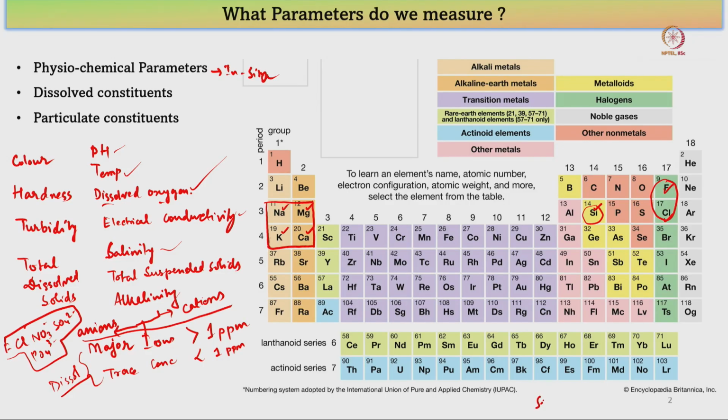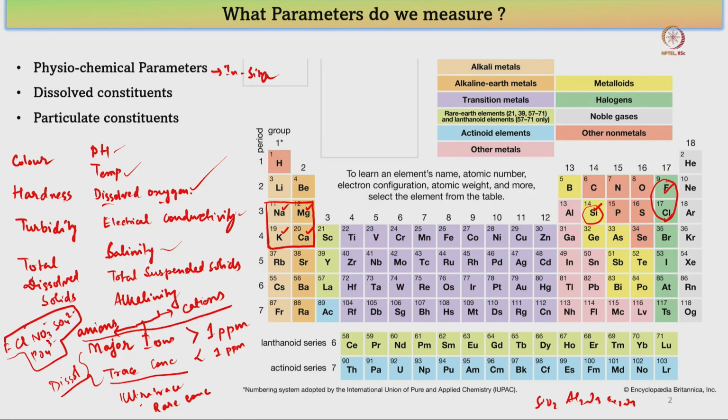In the particulate phase, the major ones will be different. It will be silica, SiO2, there will be Al2O3, okay, there will be Fe2O3. So, these ones will be the major oxides that we are going to measure in the particulate phase. Now, what is there in the trace concentration? All the other elements will be there in trace formation, and sometimes it can even be in the ultra trace, or it is called rare concentration.